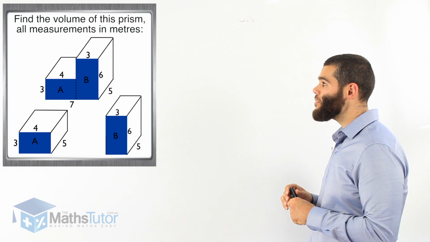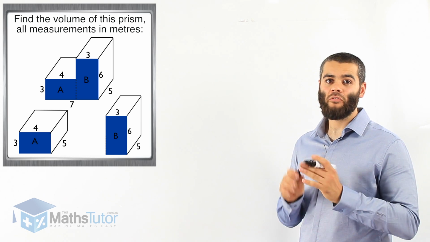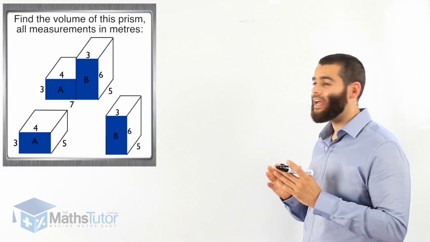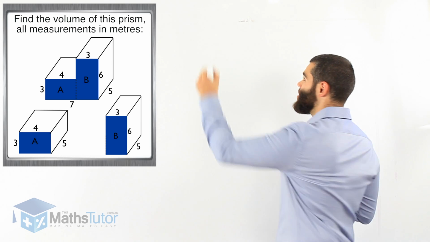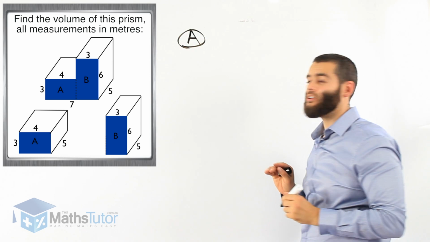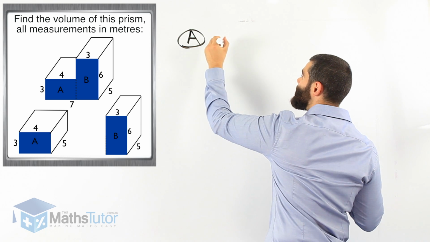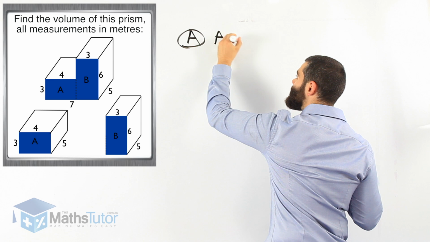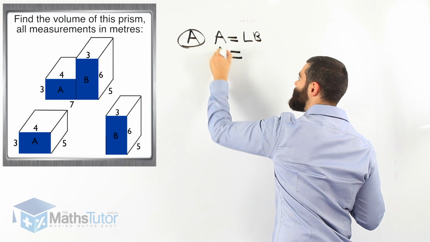Well, we have broken up the cross section into A and B. We want to work out the area of cross section A and the area of cross section B. We'll do that first. A, we'll put it in a circle, so working out the cross section A. The cross section A, it is a rectangle. We notice the rectangle area equals LB, which is length times breadth.